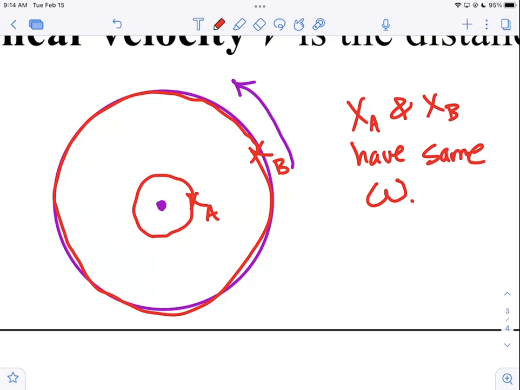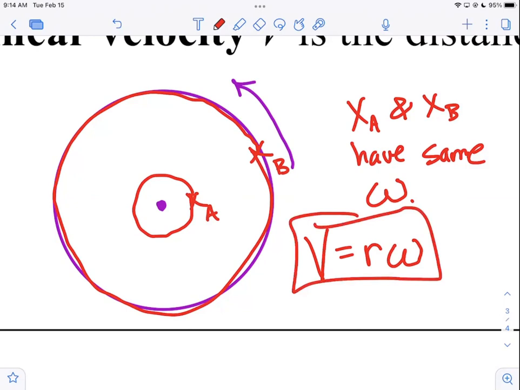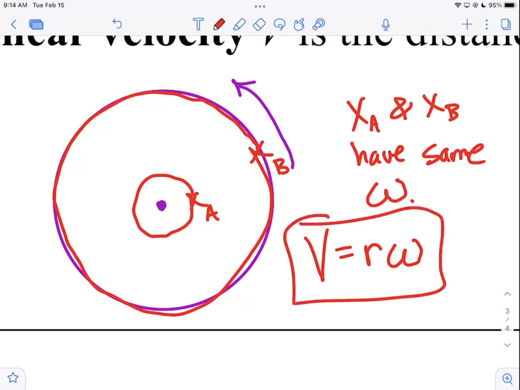So we have a relation between the linear velocity V. Now we can call it linear velocity even though it's around a curved path. So linear velocity around a curved path is going to be directly proportional to the angular velocity by way of the radius. So that's another formula that you need to memorize.